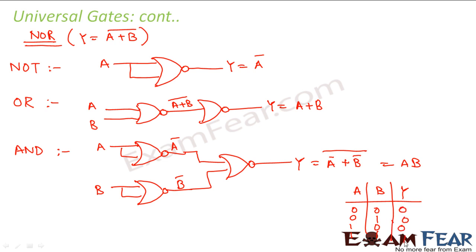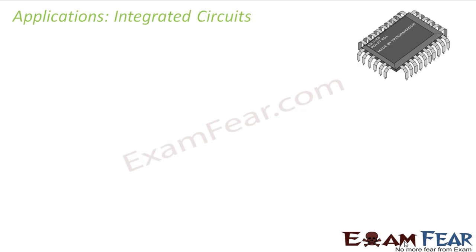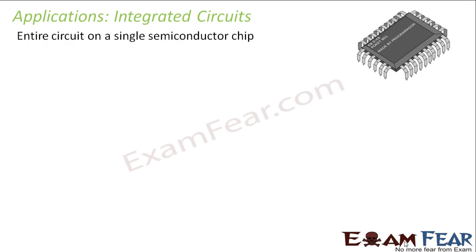Right? So this was all about the logic gates. Now the most important application of the logic gates is seen in the integrated circuits, which you call ICs. What are integrated circuits? Integrated circuits are nothing but the entire circuit fabricated on a single semiconductor chip. Normally, you also make circuits in your physics lab, right?